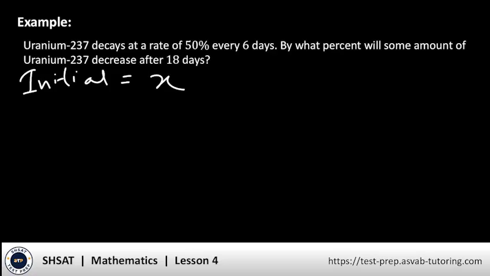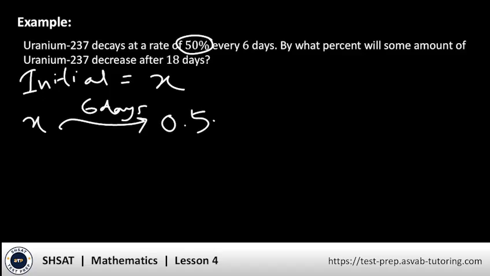Because it's decaying at a rate of 50%, it was X to begin with. After 6 days, now it's 50% gone. So we can say that's now 0.5x.